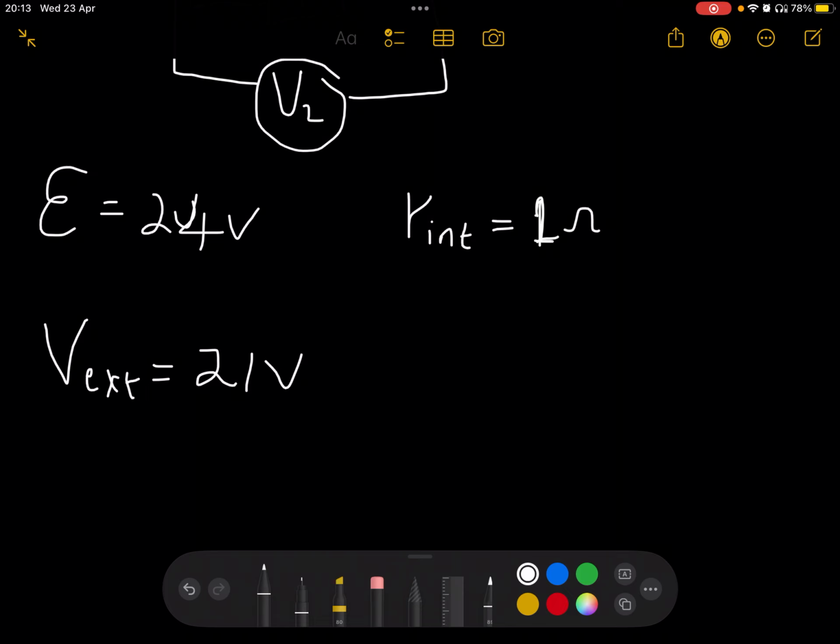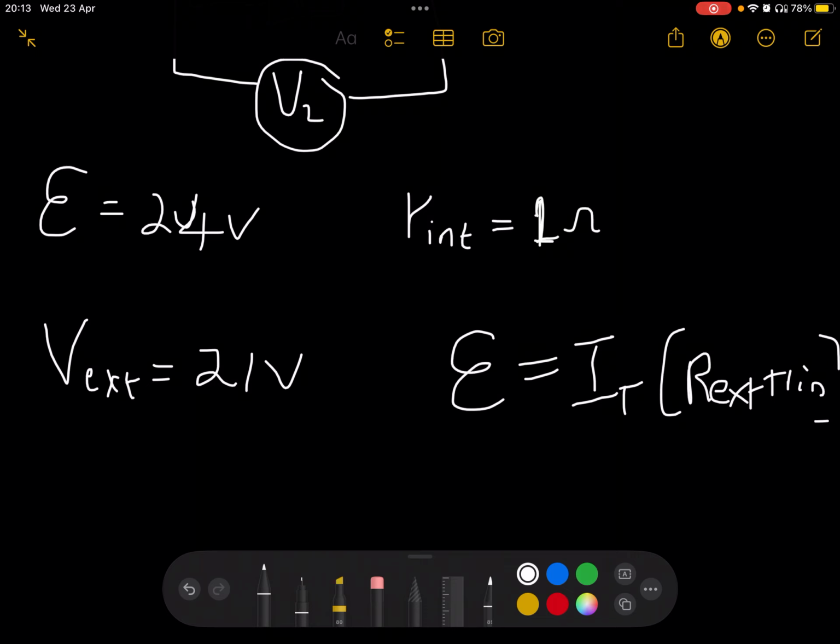How do we calculate the total current? We have a formula that says E is equal to I total times R external plus R internal. Or it says E is equal to V external plus V internal.